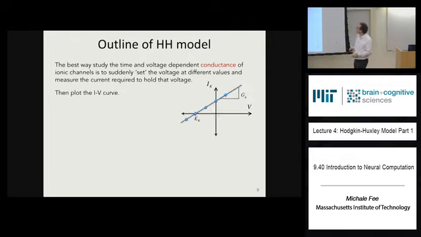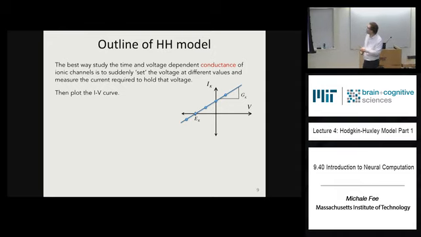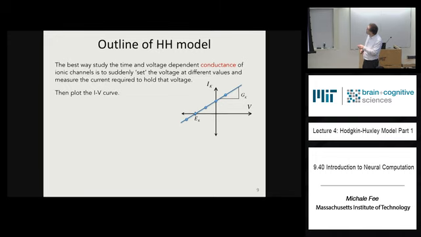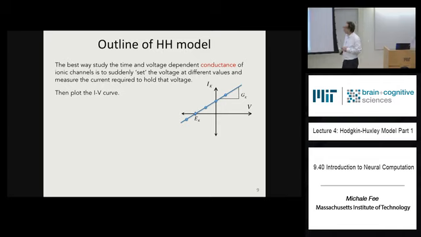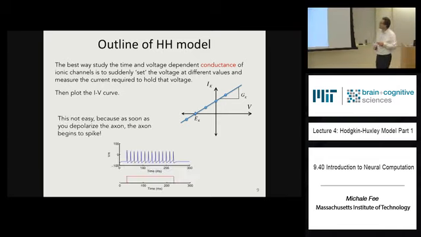So you really want to plot the IV curve: set the voltage, measure the current, and do that at a bunch of different voltages. And you recall that the conductance is basically just the slope of that line. So the job is set voltage, measure current, extract conductance.